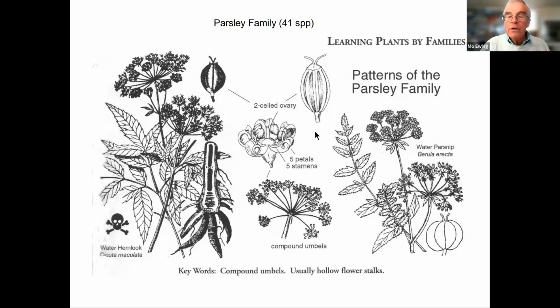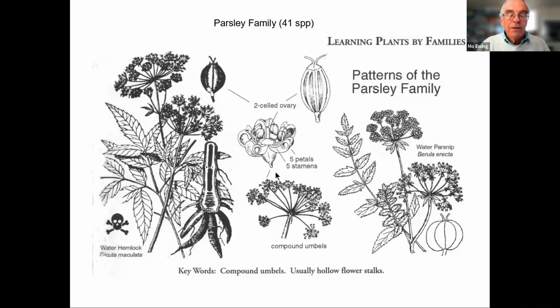And if you look at a seed, you'll see the remnants of the sepals and petals at the top. So this is an inferior ovary, and it usually has hollow flower stalks.